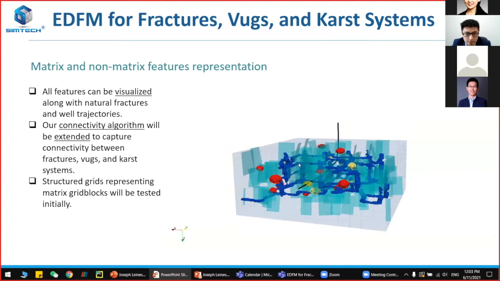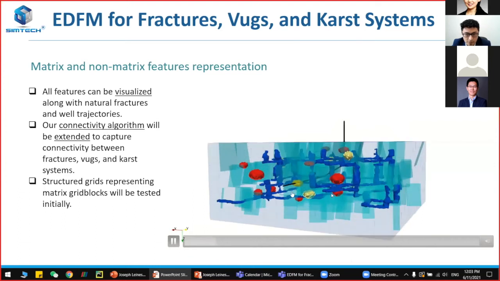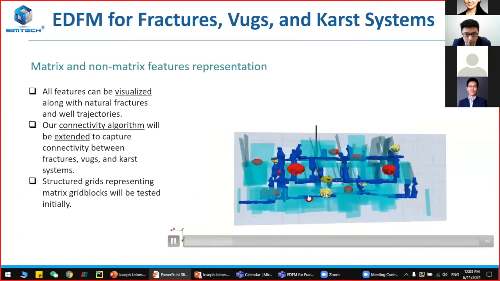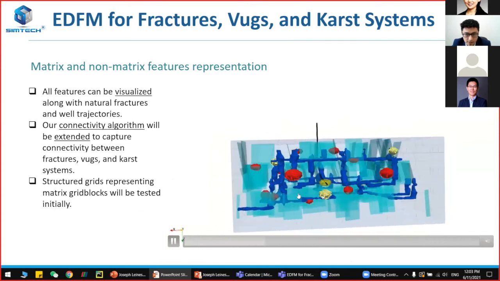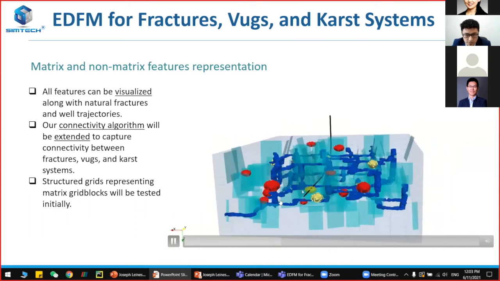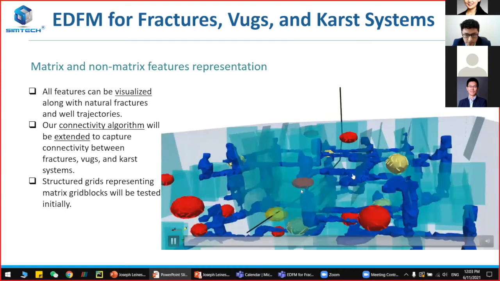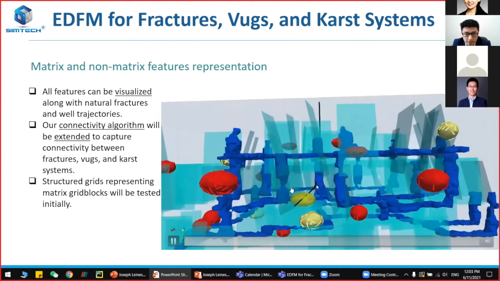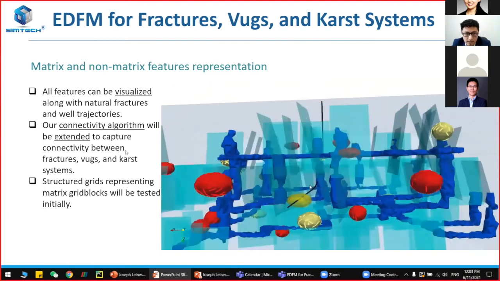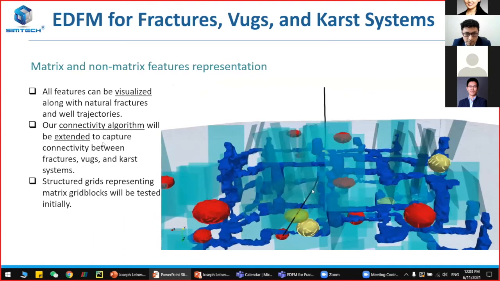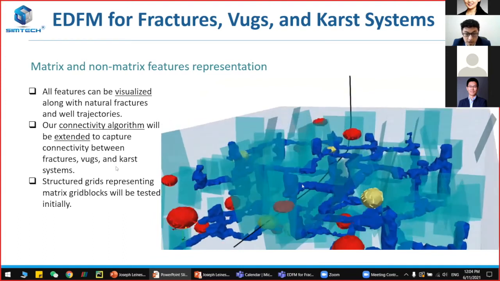Here, as you can see, we've created this dummy model depicting all the different types of elements that we're going to work with. We have some fractures. We also have Vugs connecting with the Karst system. And one of the things about this is that we currently have a connectivity algorithm that will be extended in order to capture connectivity between fractures, Vugs, and Karst system.